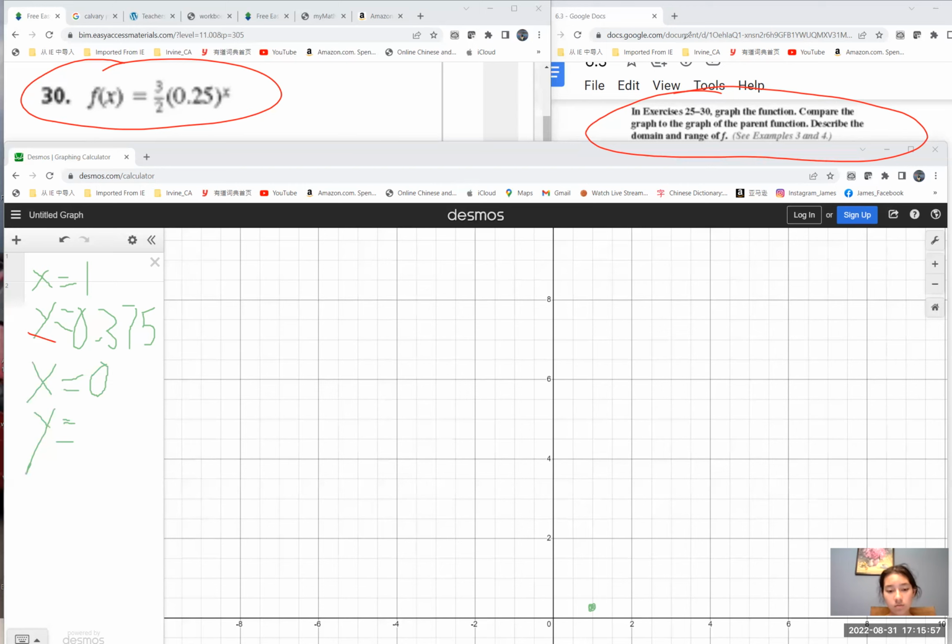Okay, anyway, so this is one point you already marked. Then when x equals 0, y equals what? Yeah. Okay, this is an important point I mentioned because we call it the y-intercept, right?